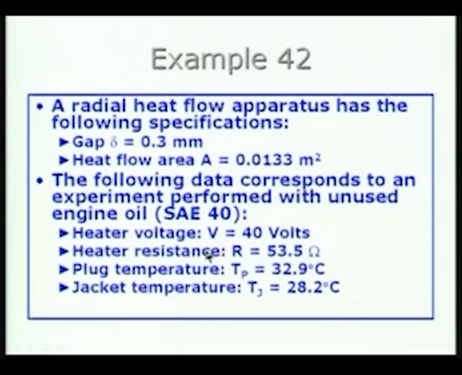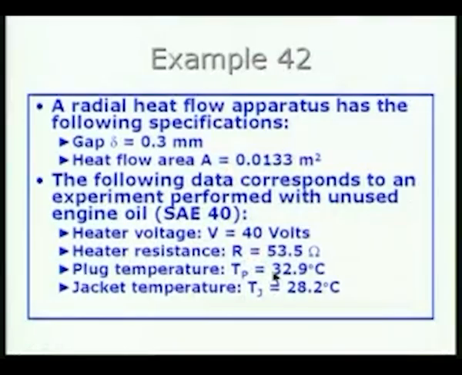The experiment was conducted by supplying a heater voltage of 40 volts, and the heater has a resistance of 53.5 ohm, which is measured accurately. Actually, in this particular case, the manufacturer of the equipment specifies the voltage, specifies the resistance of the cartridge heater.